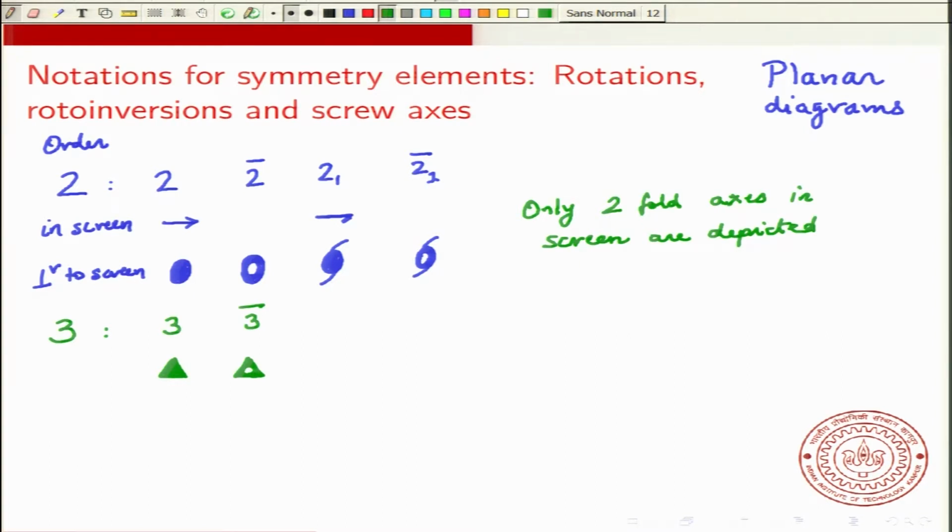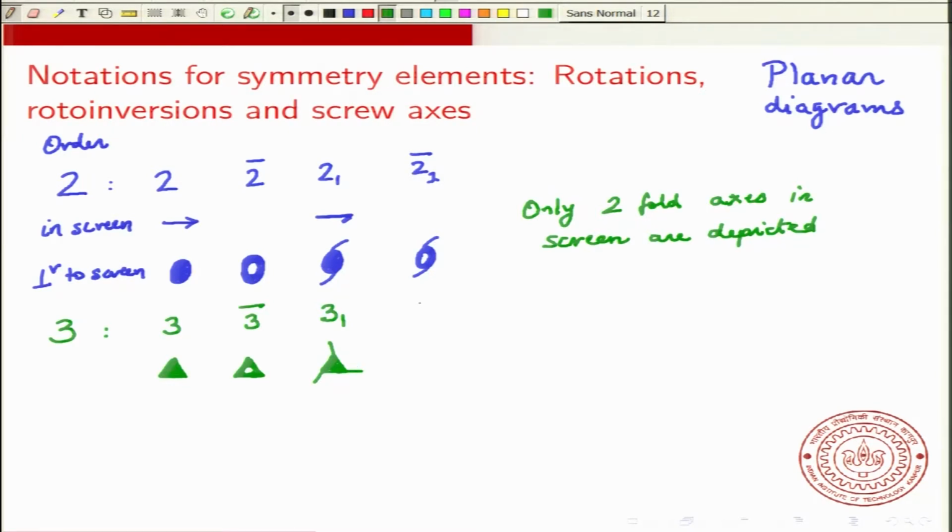If you have a 3 sub 1, then you show it by a filled triangle with these extensions here.